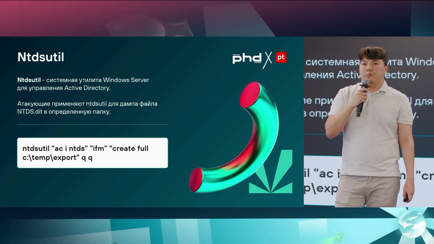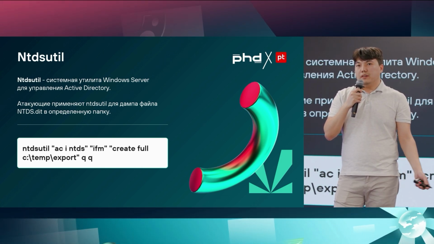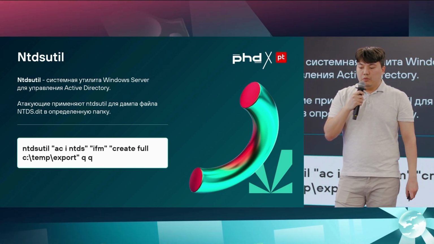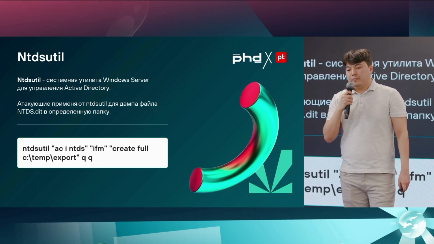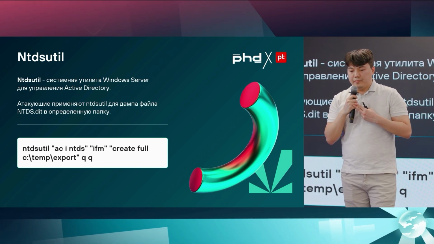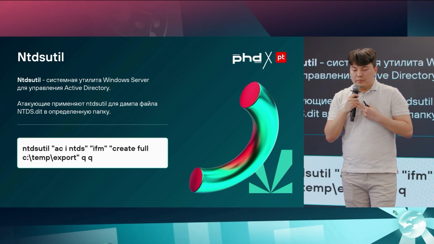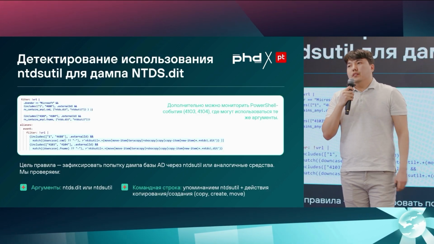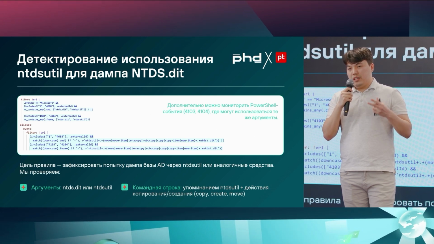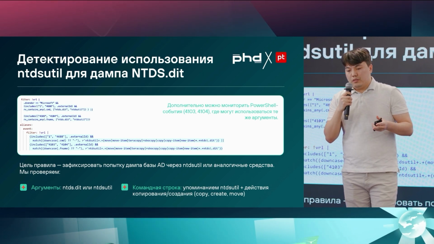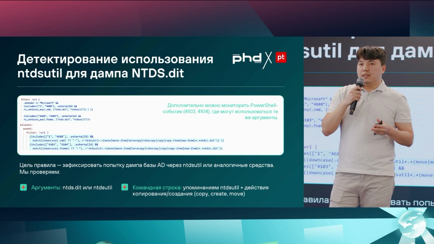The next utility, ntdsutil, which helps us deal with the Active Directory. One of the functions is to copy the Active Directory database, the NTDS.dit, and that's what they use. They use the utility, and then they use the file they are interested in.